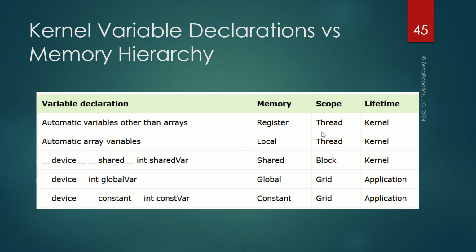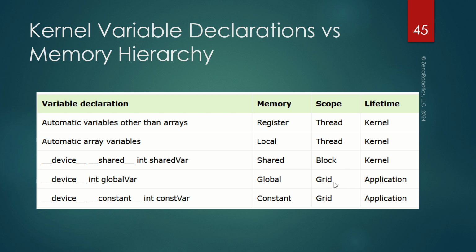Local has quite a bit more latency, but that's where it resides, and the scope is for a thread, for the lifetime of the kernel. But if you put shared in front of the variable, then it's definitely going to go into the shared memory. And if you say just device, then it will go into global memory, which is that off-chip memory.